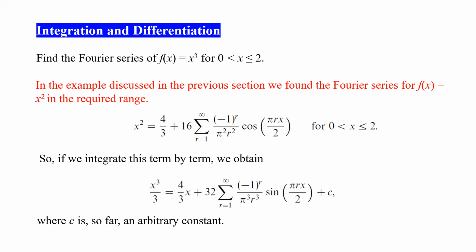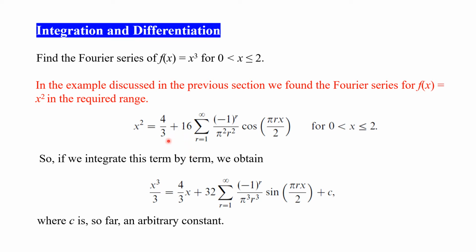For example, let's find the Fourier series of f of x equal to x cubed for 0 < x ≤ 2. If you remember, in the previous example, we found the Fourier series for f of x equal to x squared in the required range. And we have this answer here.